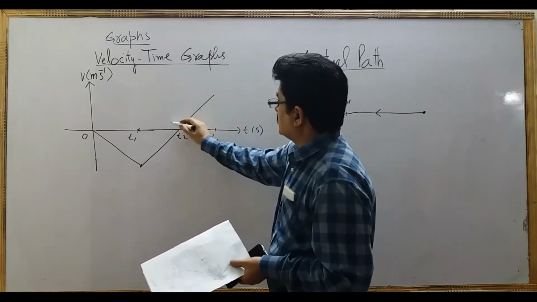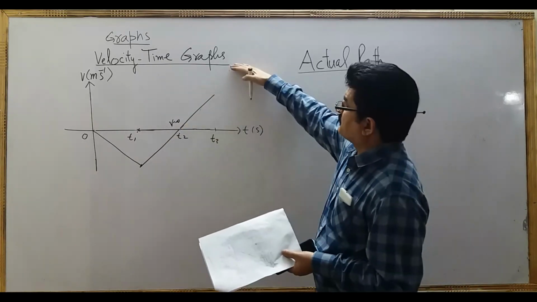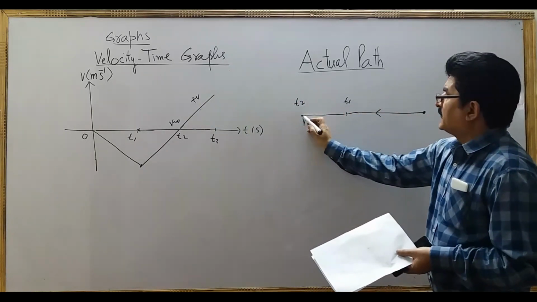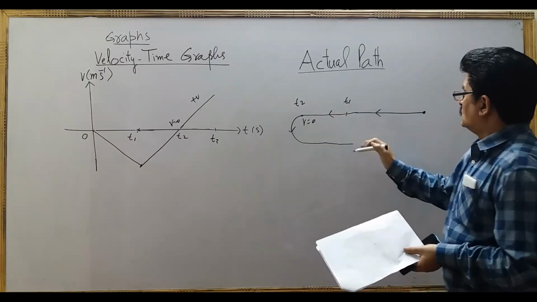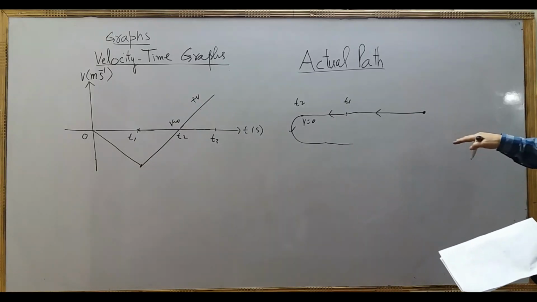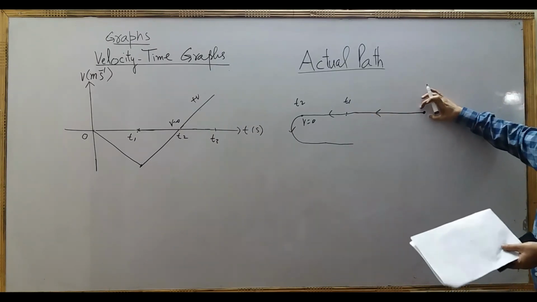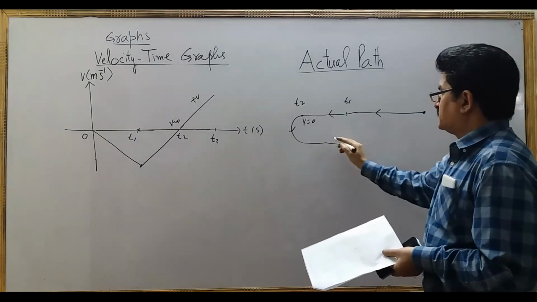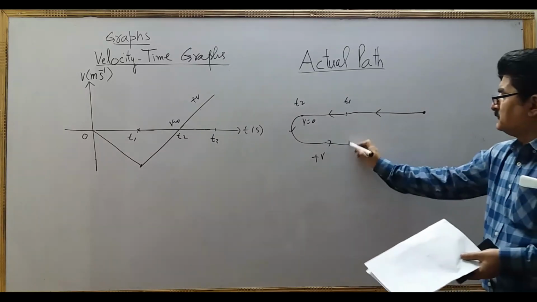Here velocity is 0, and after time t2 the graph goes upward. It means velocity is positive. So it takes a turn and moves again towards the right. When the particle is moving towards the right, whether it is on the right-hand side or left-hand side of some fixed starting position, the velocity will be positive. So it is moving with positive velocity towards the right till time t3.